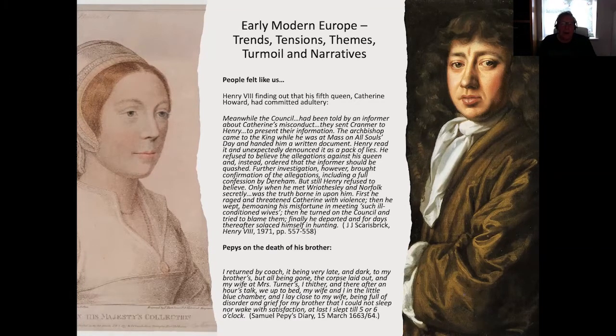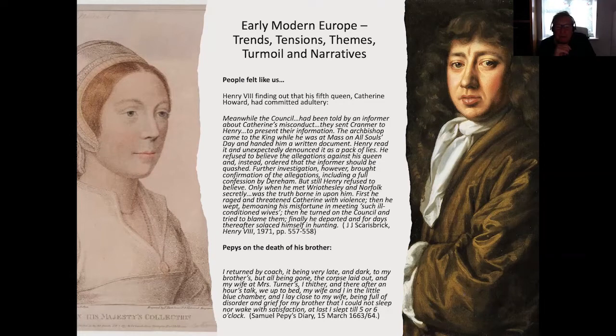But anyway, the key thing I wanted you to know, you can read the whole thing, but at the bottom, it took Henry quite a while to work out that she committed adultery, and he didn't believe what was being said to him. So at the end, you see in the middle, but still Henry refused to believe.